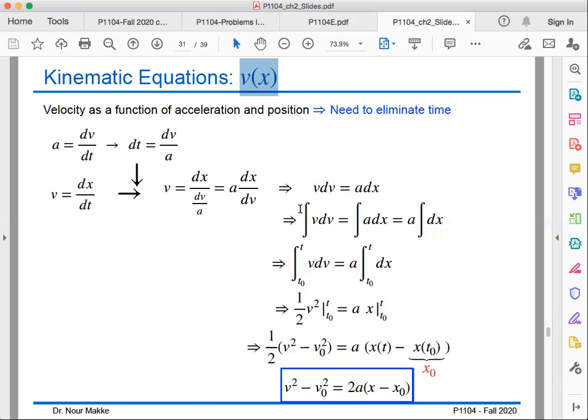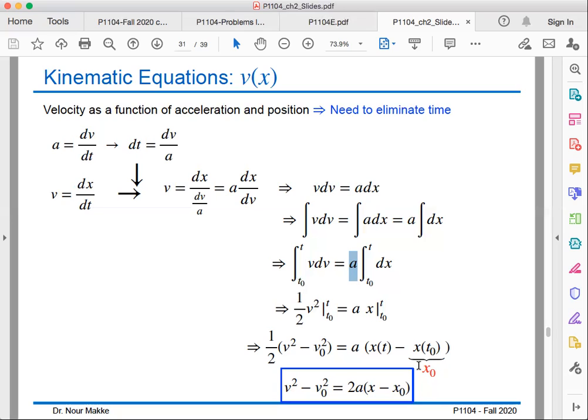And now we just do the integration between the initial and the final time. So the integral of v dv is equal to half v squared. On the right-hand side of the equation, a is a constant. We can get it out of the integral, and the integral of dx is simply x. And so if you just do the integration, you will end up with one half v at the time t squared minus v at the time t0 squared, which we denote by v0 here, is equal to a times x at the time t minus x at the time t0, or in other words, x0.